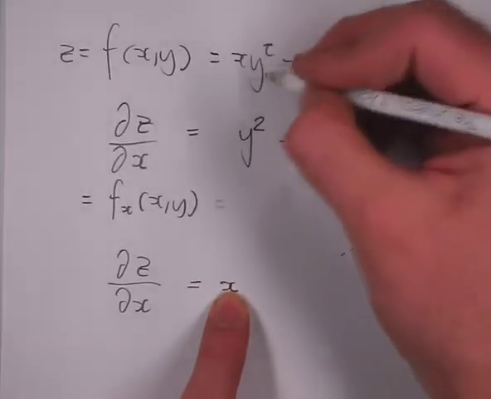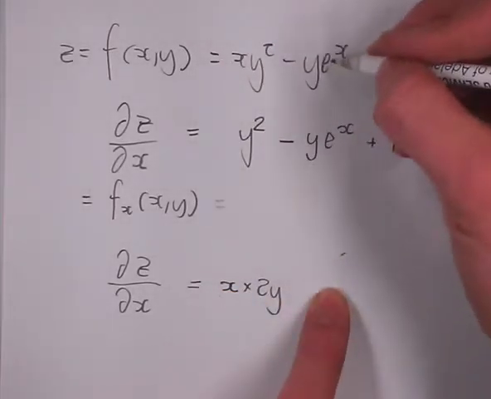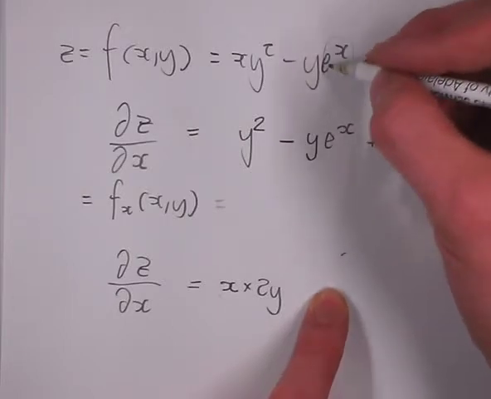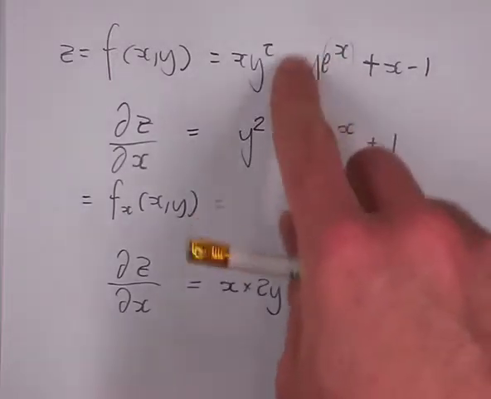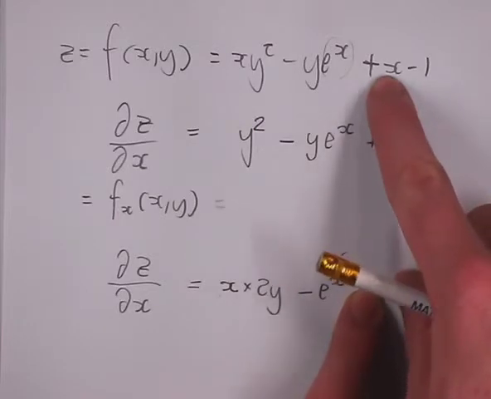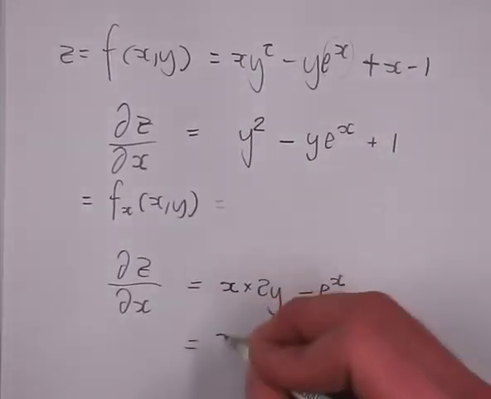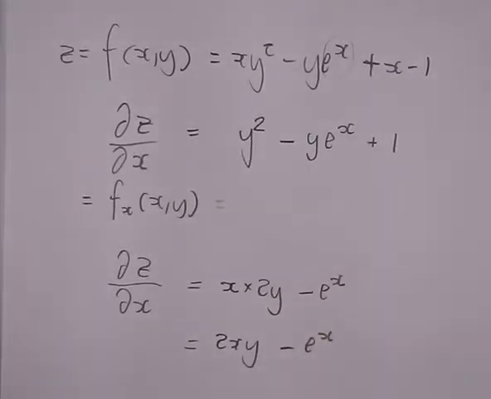The derivative of y squared is 2y. The e to the x is a constant because it involves x. There's no y's here. This is just a number. So that will just be minus e to the x, because it might as well just be minus 7y. This does not involve y, so it counts as a constant, so its derivative is 0, and the derivative of the minus 1 is also 0. So I get 2xy minus e to the x.